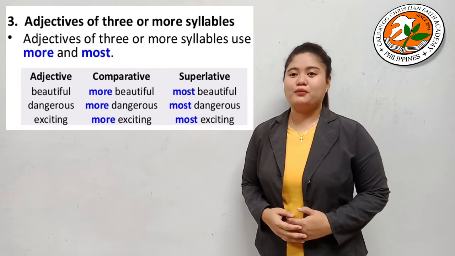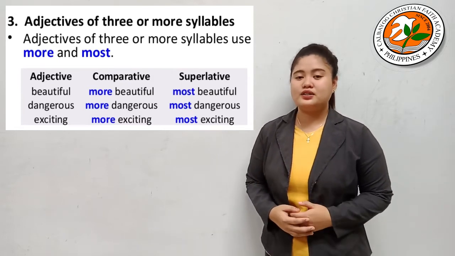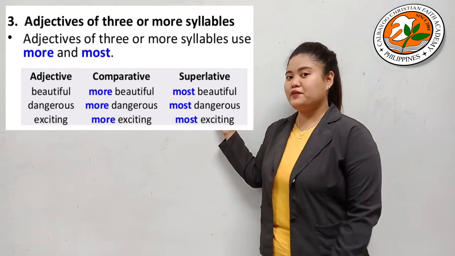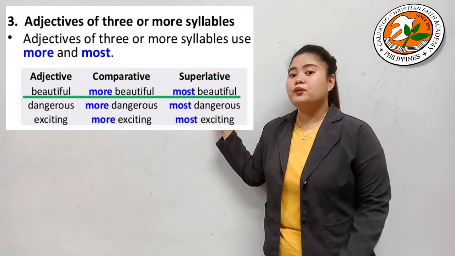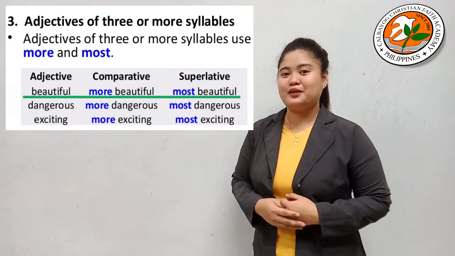The third one: adjectives of 3 or more syllables. If we have adjectives with 3 or more syllables, we use more and most. Observe the chart we have here. Beautiful has 3 syllables, right?